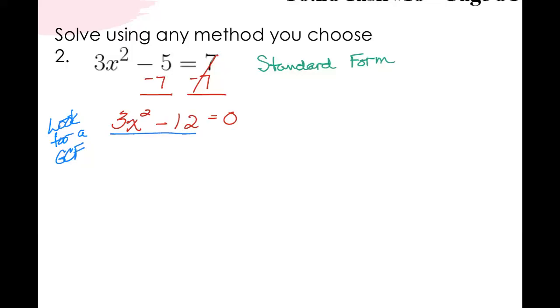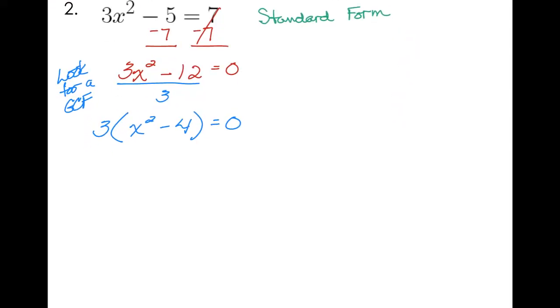So if I divide these by 3, which is the same as factoring out that 3, what do I have left from the first term? What do I have left from the first term? x squared minus 4 equals 0. Okay, all right.